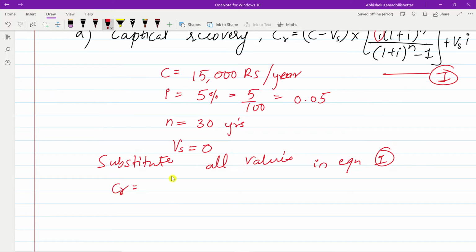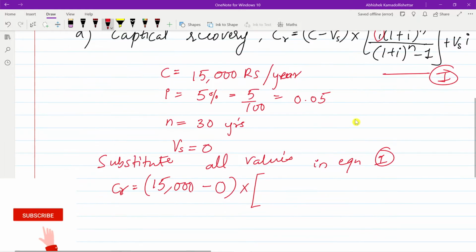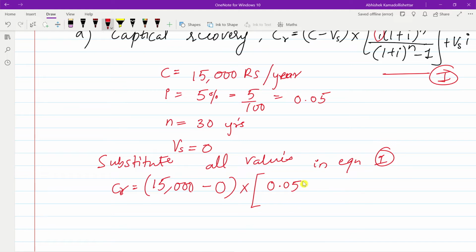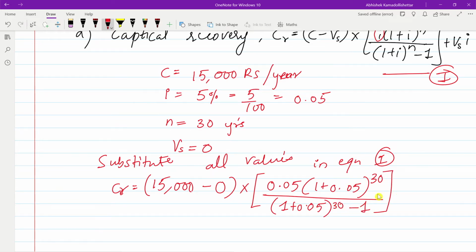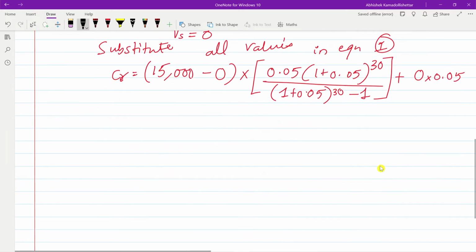CR is equal to 15,000 minus Vs, and Vs is not given, so let me take it as 0, into the bracket: I into (1 plus I) raised to n, so 0.05 into (1 plus 0.05) raised to 30, divided by (1 plus 0.05) raised to 30 minus 1, plus Vs into I. Vs is 0, into I is 0.05, obviously that will be 0.